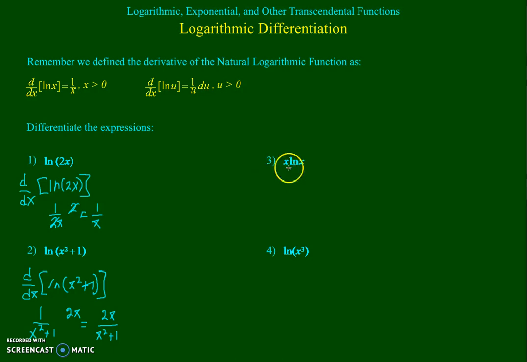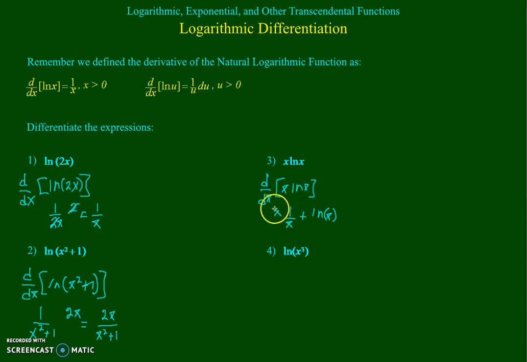Okay, now this one is going to be the product rule. Not the product rule for logarithms, but the product rule for differentiation. So the derivative with respect to x of x times the natural log of x is going to be u times the derivative of v, which is 1 over x, plus v, which is ln of x, times the derivative of u, and the derivative of x is just 1.